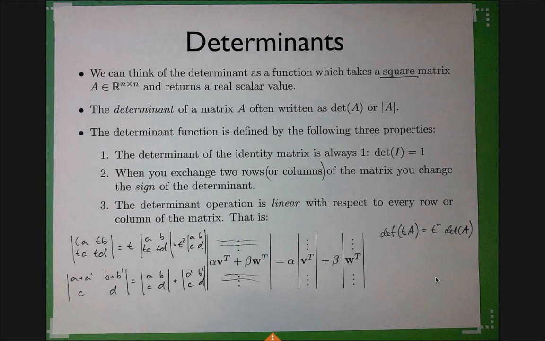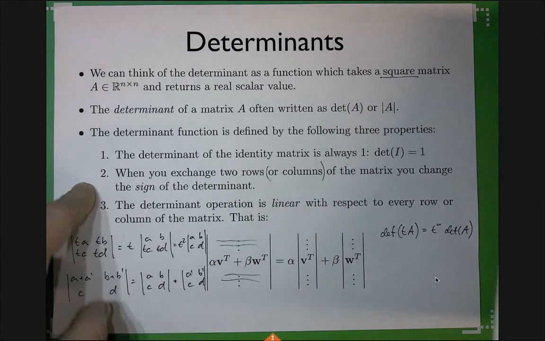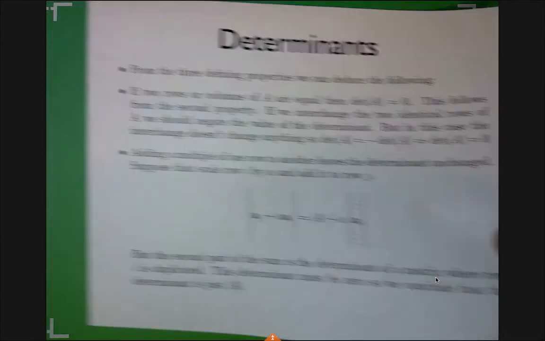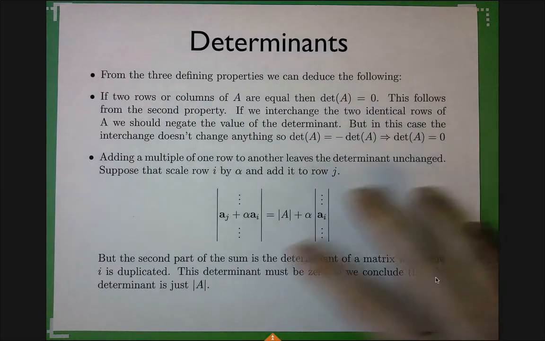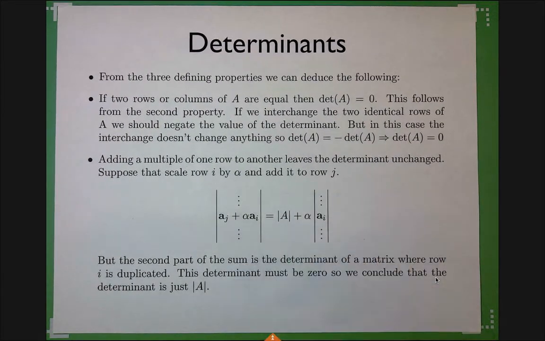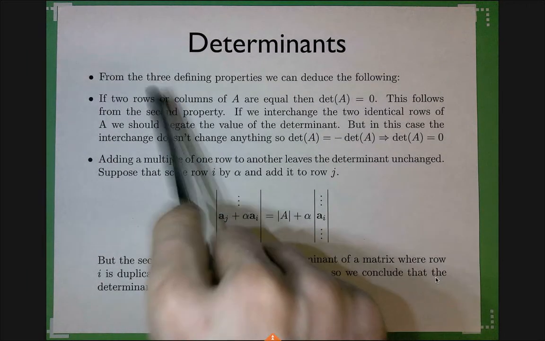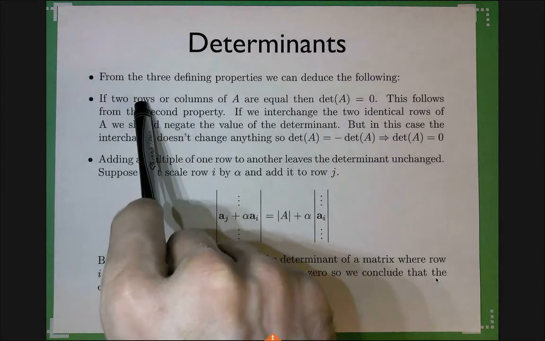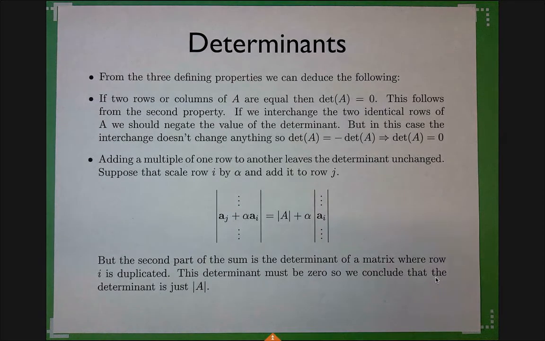Okay, so those are the three defining rules of a determinant. And from these three defining properties, we can deduce some properties that then follow by logic. So one cool property is that if we have a matrix, and the matrix has 2 rows which are the same, or columns, but we will see later that it doesn't matter if you look at columns or rows.